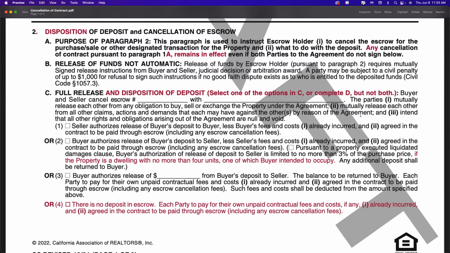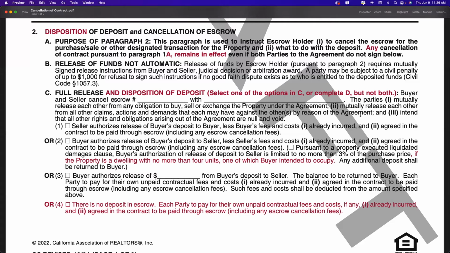We don't have any kind of connection to each other any longer. Now, here's the choices. Number 1, seller authorizes release of buyer's deposit to buyer, less buyer's fees and costs already incurred and agreed to in contract to be paid through escrow, including any escrow cancellation fees. So any fees that the buyer was supposed to pay are going to get charged from their deposit, even though seller is giving it back to them.